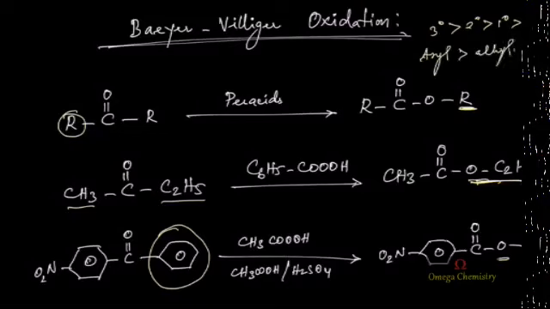In the isomers, aryl groups having an electron releasing group attached at the para position will migrate more preferably than those with an electron withdrawing group at the para position. So I can say that aryl groups with an electron donating group at the para position will have more migratory aptitude and they will migrate. Fine.